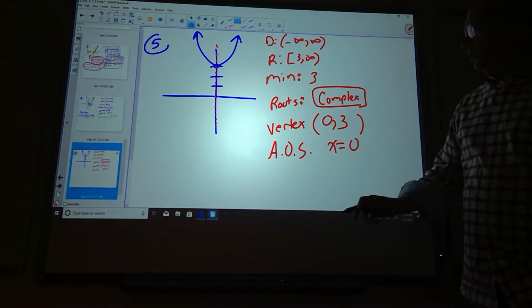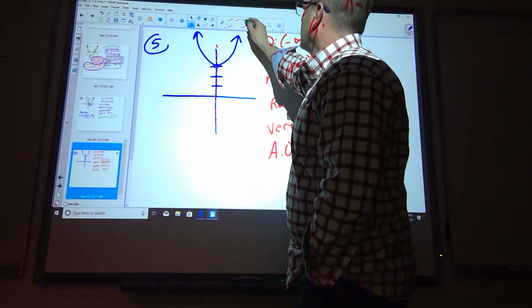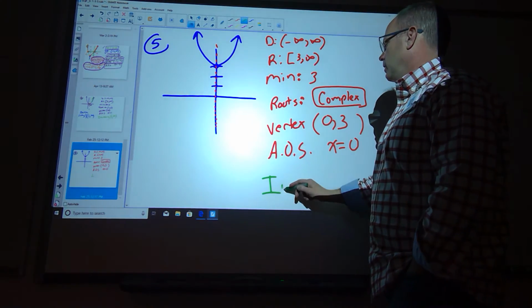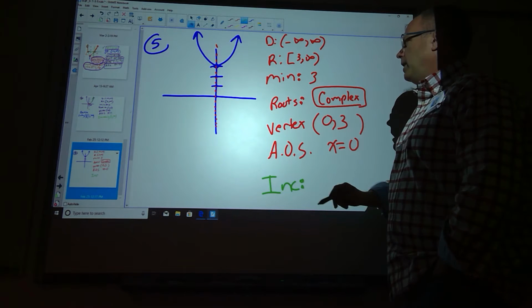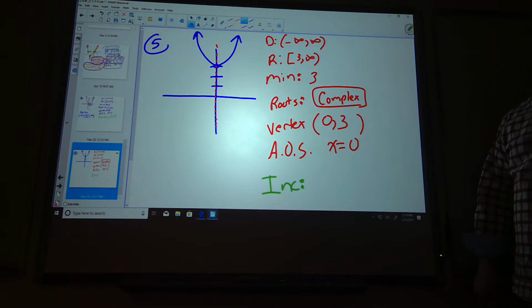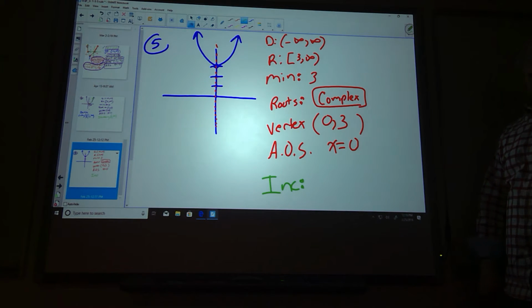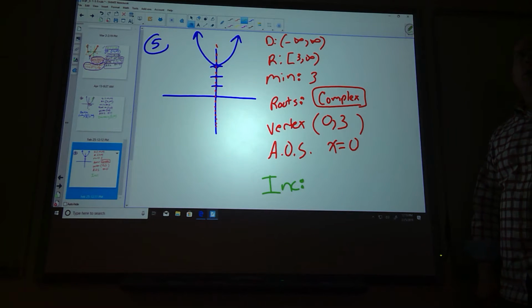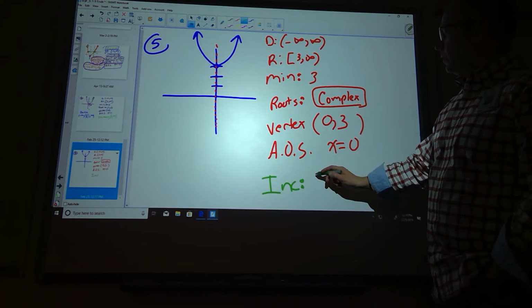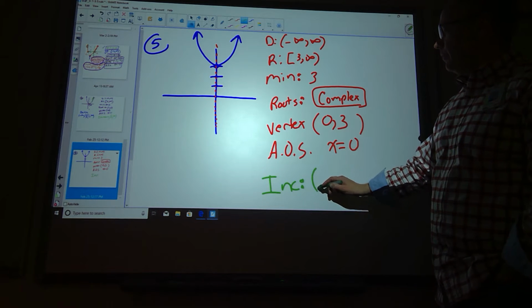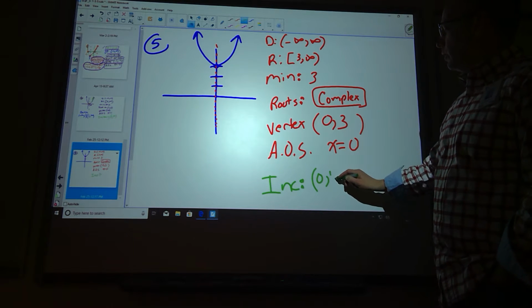Interval where it's increasing. Is it increasing on the right or the left side of the vertex? On the right. So from 0 to infinity.